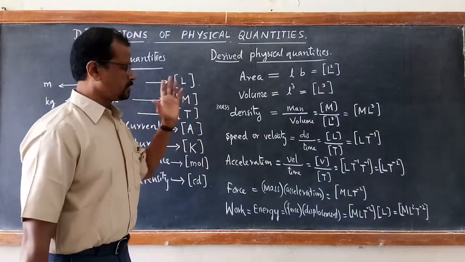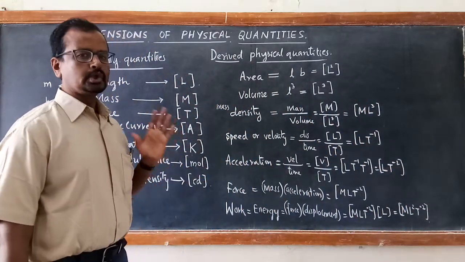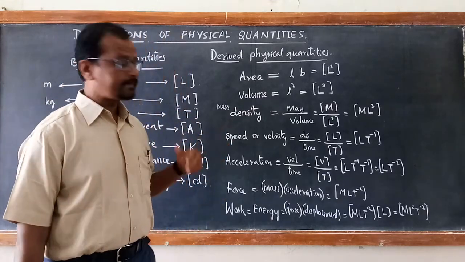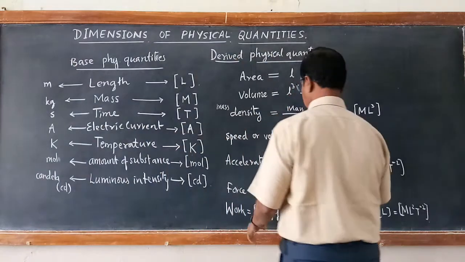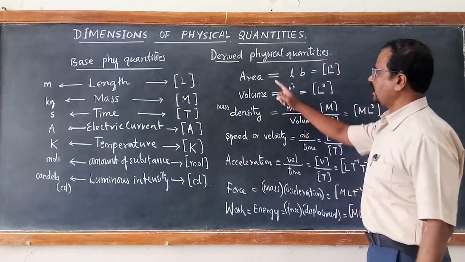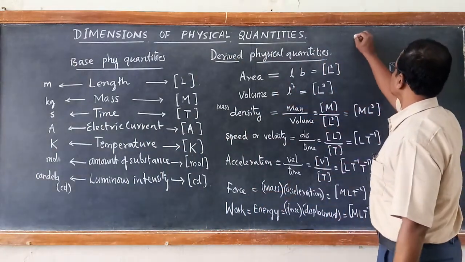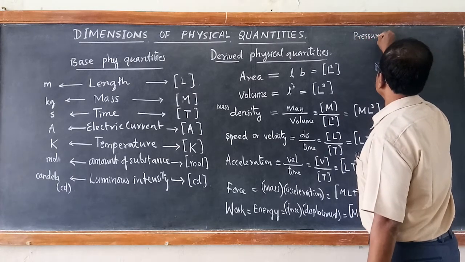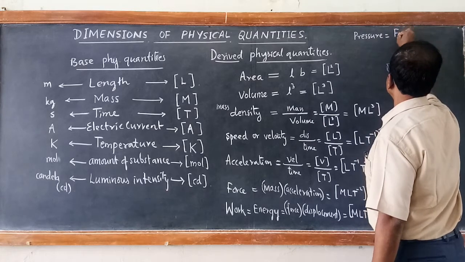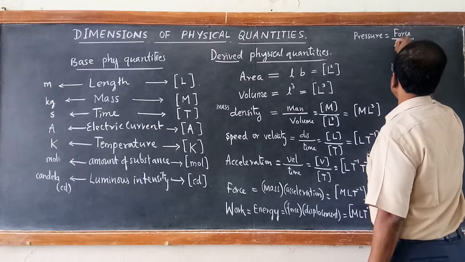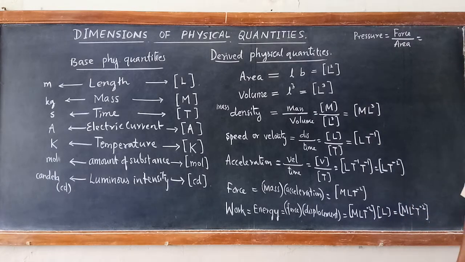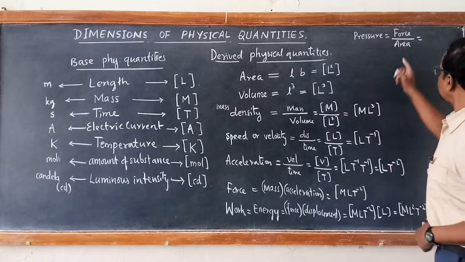So like this you can go on listing all the known derived physical quantities and finding their dimensions. Pressure, for example: using force and area, we can find the dimensions of pressure. Pressure is force per unit area. So it has the dimension of force and the dimension of area.